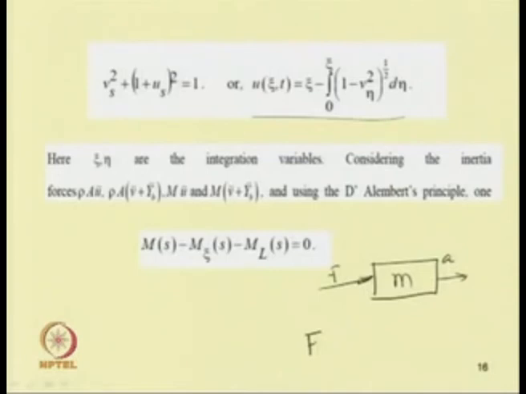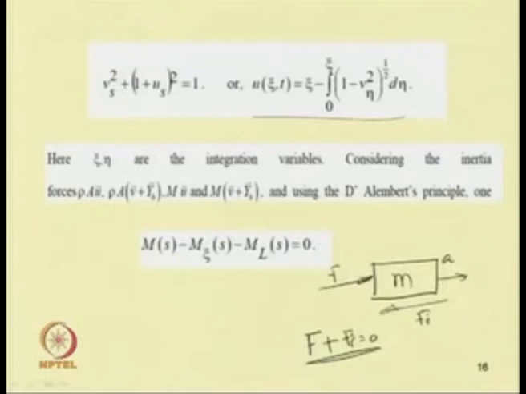So, if this is the direction of acceleration, the inertia force acts in this direction. That is m into a, and this can be written as F I. So, one can have the summation of this force plus F I equal to 0. This is D'Alembert principle: external force plus the inertia force equals 0.